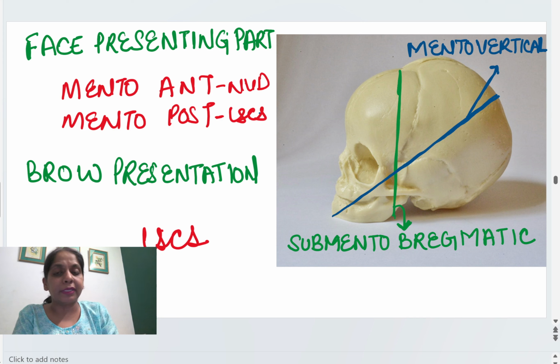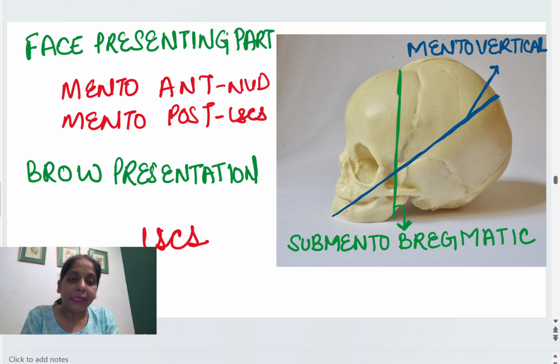When the face is presenting, there can be two positions, mento anterior and mento posterior. If the mentum, the denominator, which is the chin, is anterior, then it is known as mento anterior. And if the mentum is posterior, then it is known as mento posterior.